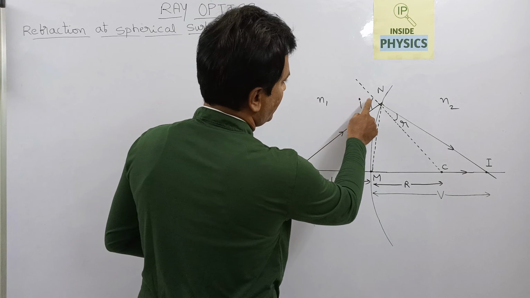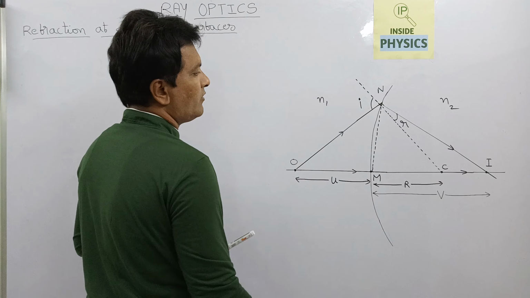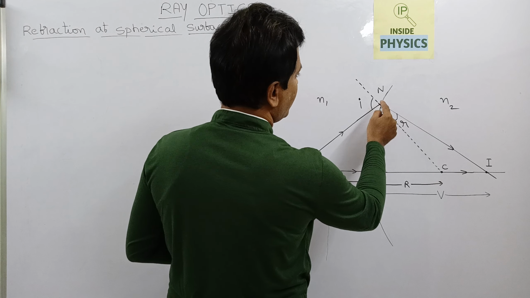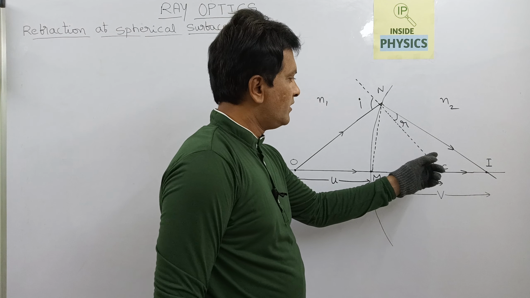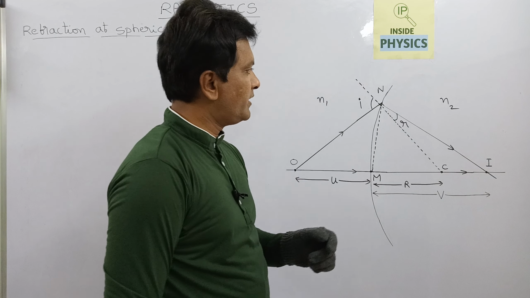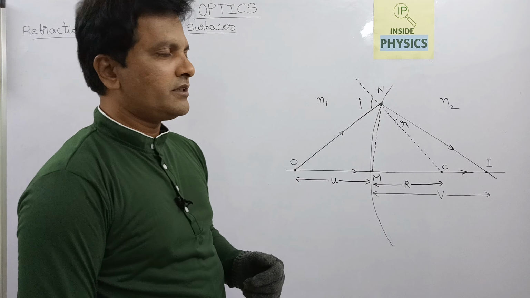If you observe this dotted line, this is the line drawn from the center of curvature to the spherical surface. Any line drawn from the center of curvature to the spherical surface will be perpendicular to the curved surface.